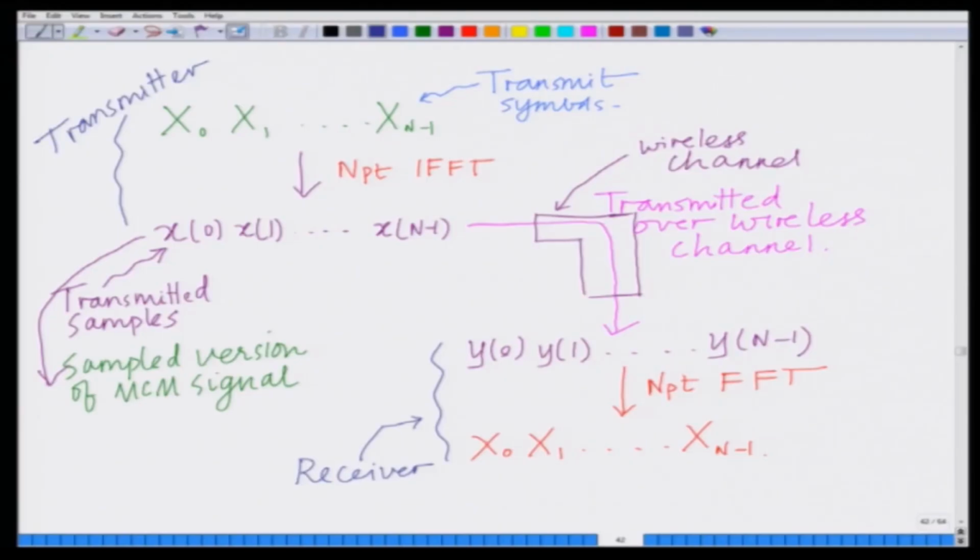At the receiver, you have the samples small y0, small y1, small yn minus 1, which are the corresponding received samples. On these received samples, you perform the FFT operation, that is a fast Fourier transform operation, and then you can reconstruct back the transmitted symbols, that is capital X0, capital X1, capital Xn minus 1.